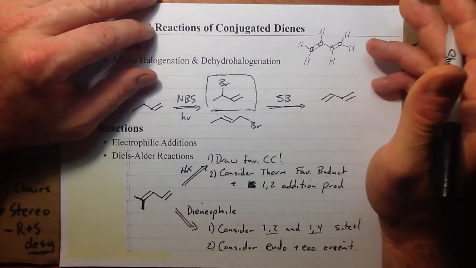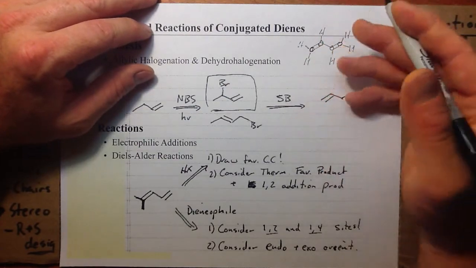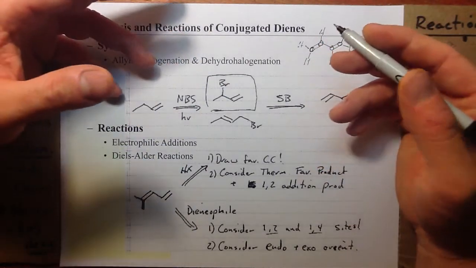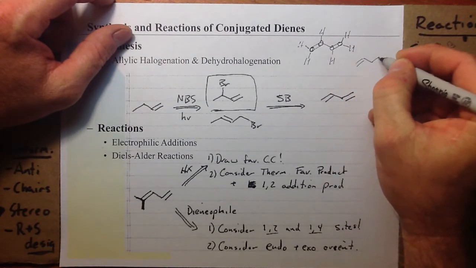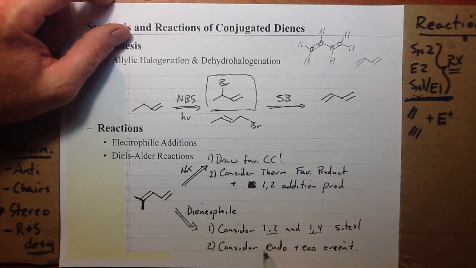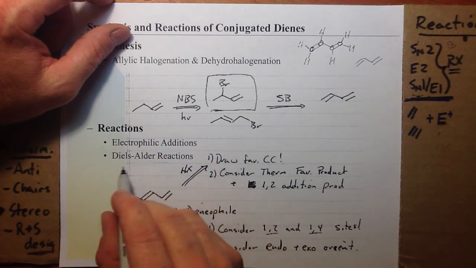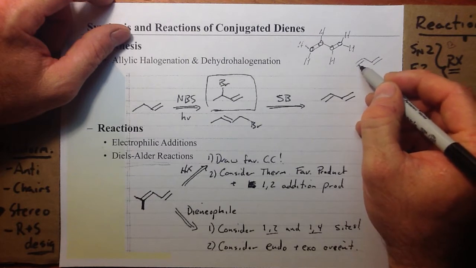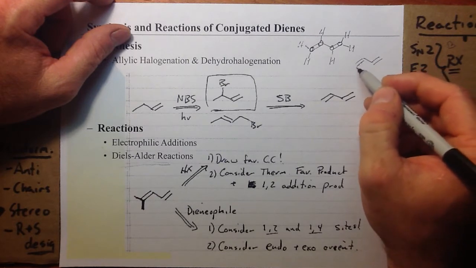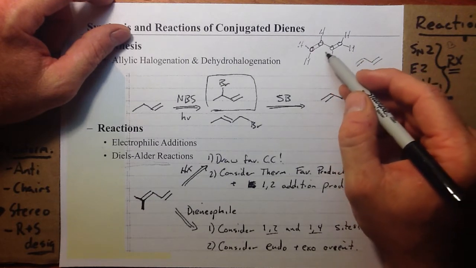Things change when that happens, and we'll get into more of the electronic picture of dienes through MO theory, which we have to consider for Diels-Alder reactions. We'll start looking at how two electrons can actually be scattered amongst the four p orbitals.